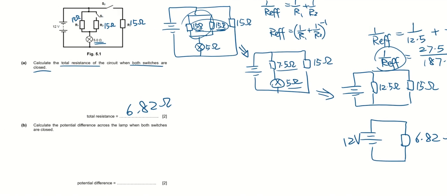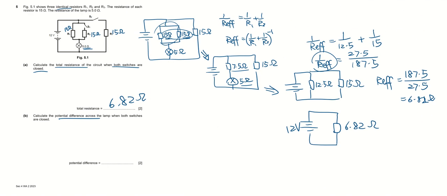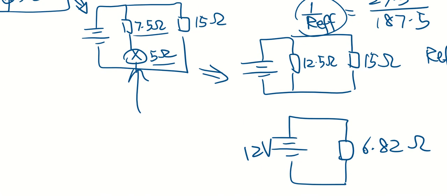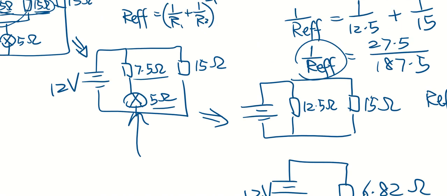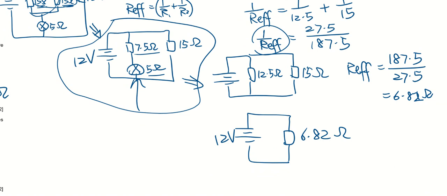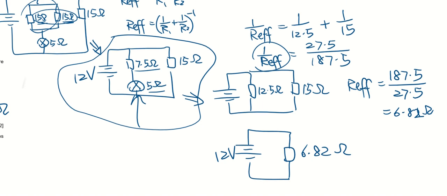Now they want us to calculate the potential difference across the lamp when both switches are closed. So to do this, maybe you can use this circuit because we have the lamp that is showing here, and this is a circuit whereby both switches are closed. If you know this, the potential difference in parallel is the same.